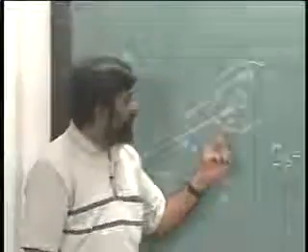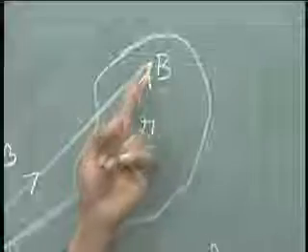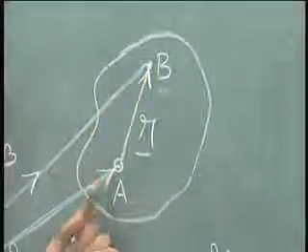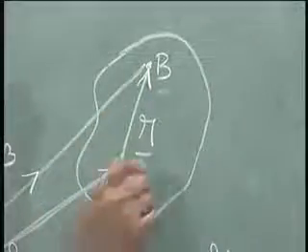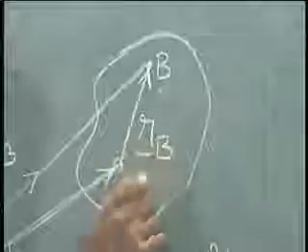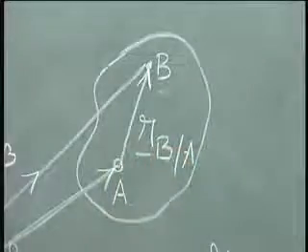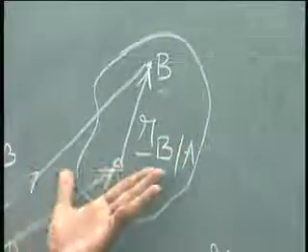Remember, we have defined B with respect to A. As you can see, it emanates from A, goes to B, and therefore, this is the position of B with respect to A. Okay, an important point to note.